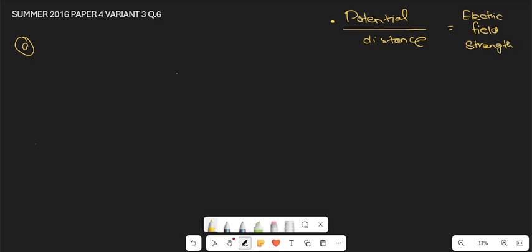Number one is that potential over distance gives you electric field strength. Electric field strength, and this is the potential gradient. First thing that you should know.